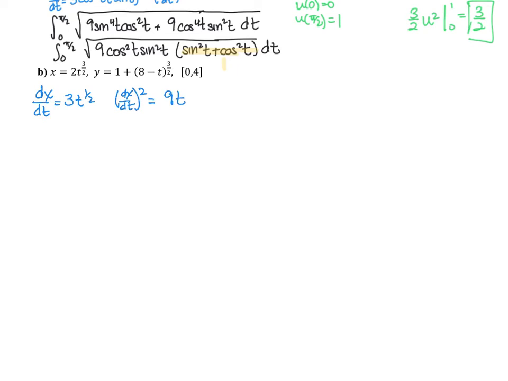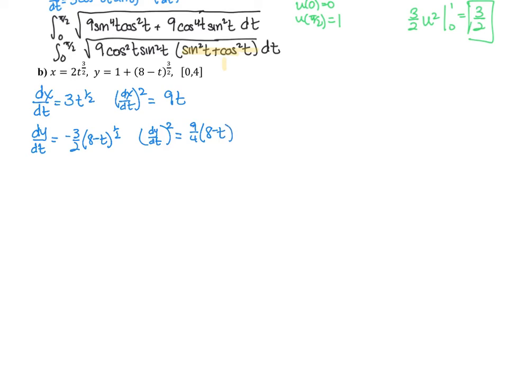And then let's do it for dy/dt. dy/dt would be, we've got a chain in there, so I'm going to have negative 3/2 times (8 minus t) to the 1/2 power. And squaring dy/dt, I'm going to get 9/4 times (8 minus t).